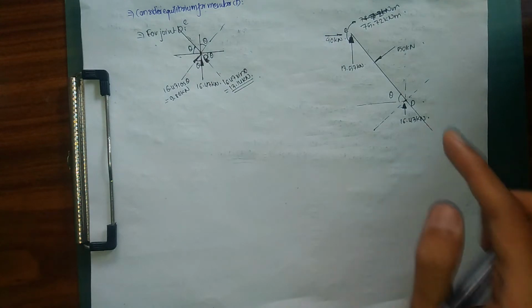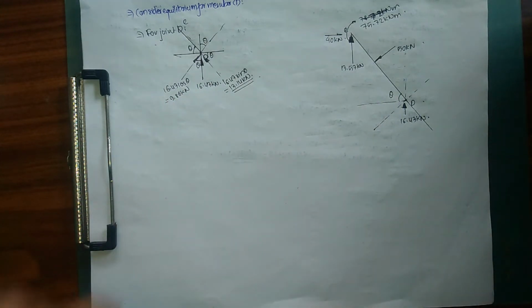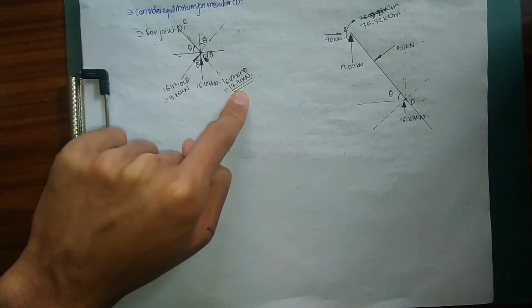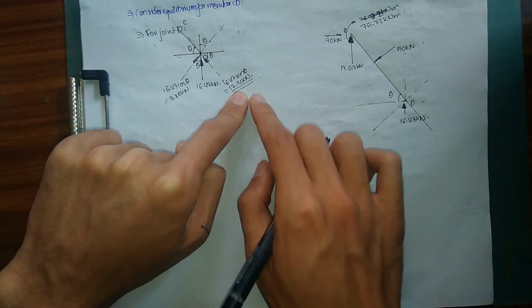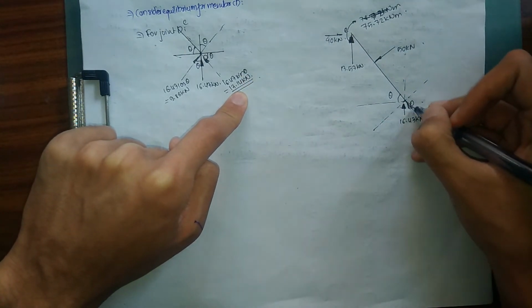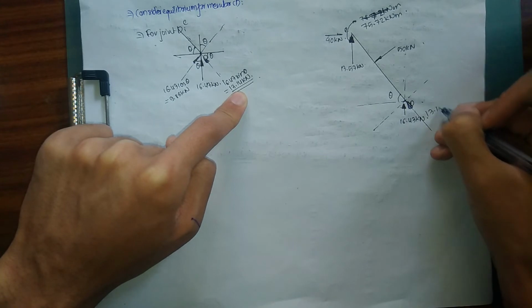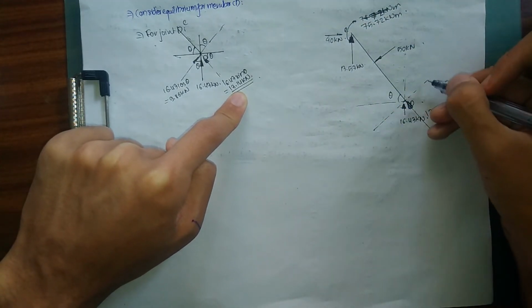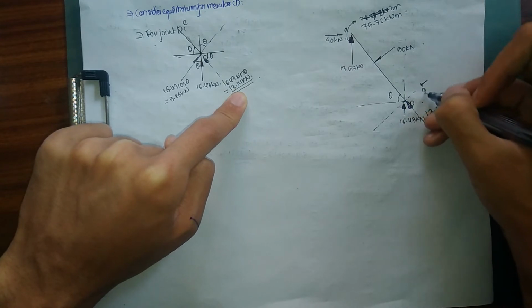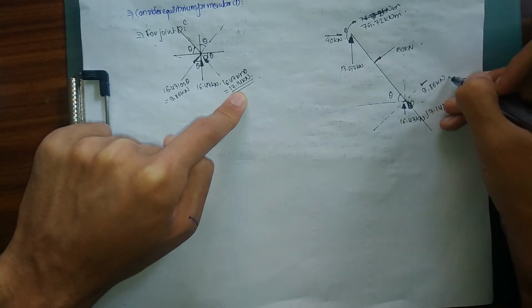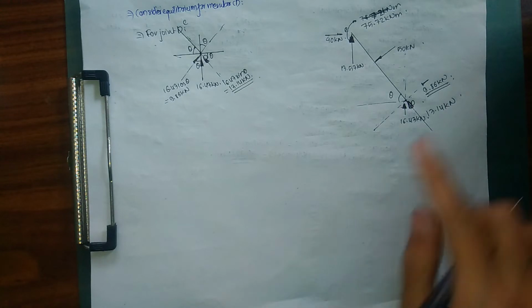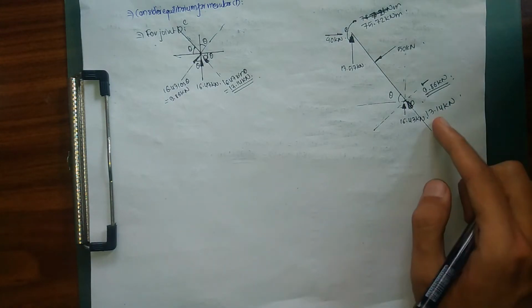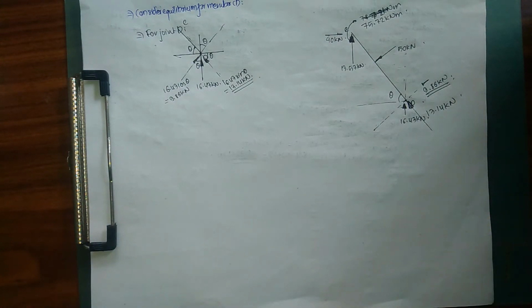The 13.14 kilonewton, acting along member CD, is going to produce axial force, while the 9.86 kilonewton, acting at an angle of theta, is going to contribute to our shear force, and we'll talk about shear force later on. So firstly, we're going to talk about our axial force only.